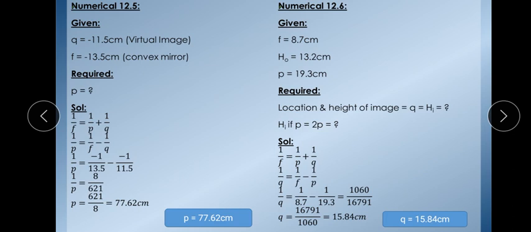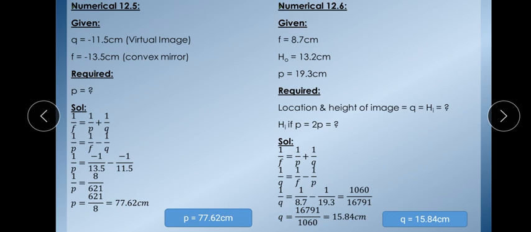So the focal length is equal to minus 13.5 centimeter, as in the case of a convex mirror.